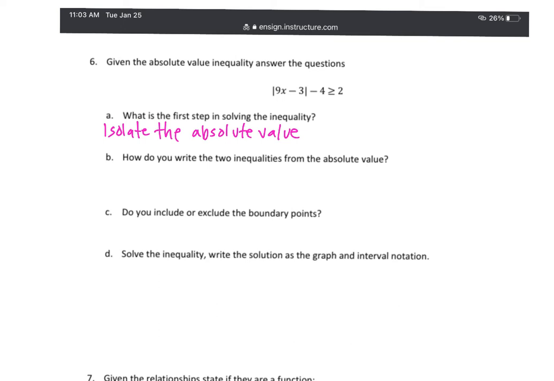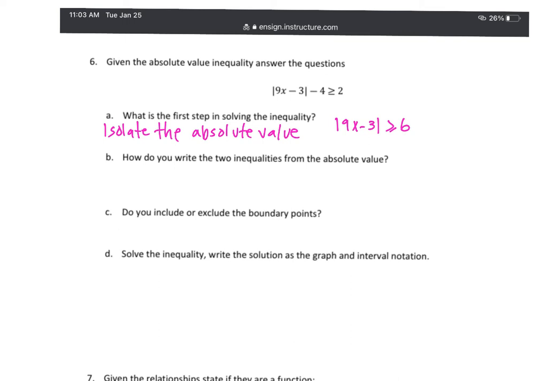The reason that we need to isolate the absolute value is so that we know, here, adding that 4, the entire inside of the absolute value is greater than or equal to 6.